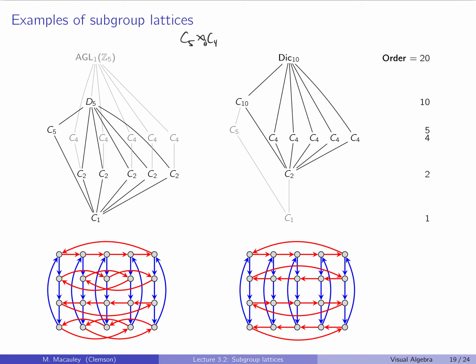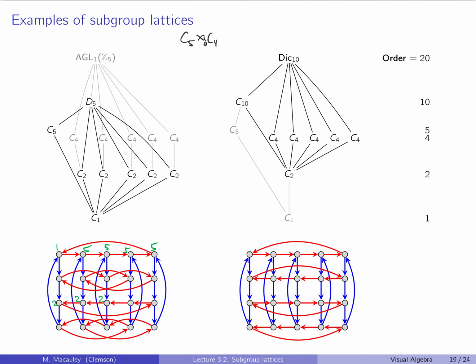And I want you to notice several things. First of all, D5 is a subgroup of this one. And I'm going to do what I did in that lecture, which is label the order of the elements. So all of these have order 5, and then down here, all of these will have order 2.